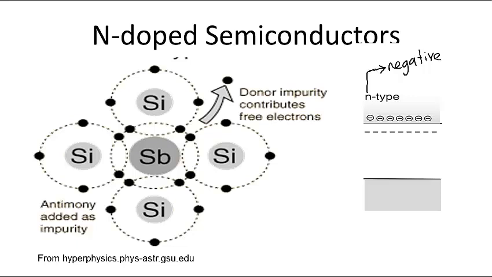So here's my valence band, and this is full. And then here's my conduction band. It already is starting with some extra electrons in it because antimony had that extra valence electron. Okay, so we call this N-doped. We've doped our silicon by adding in something else.